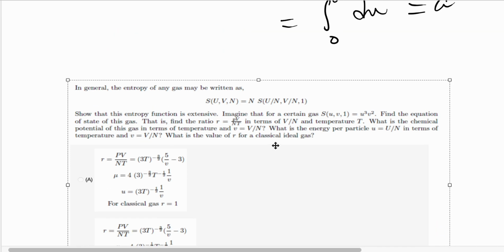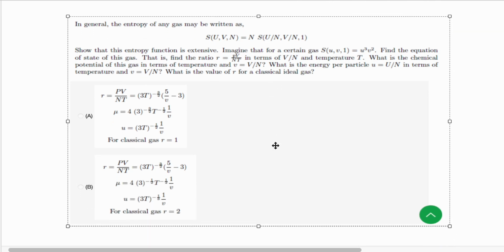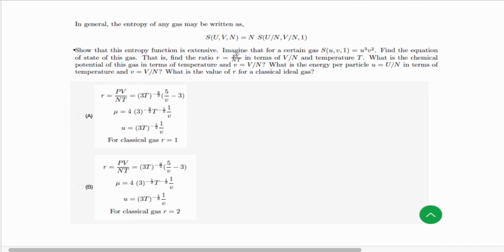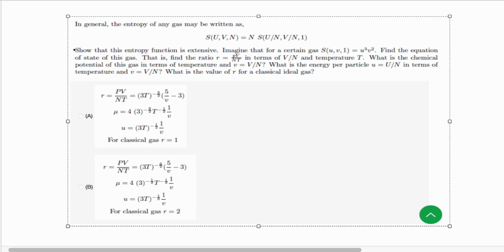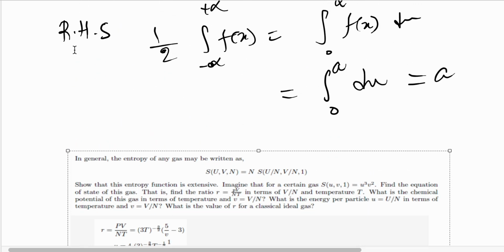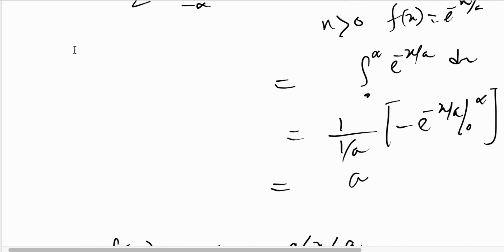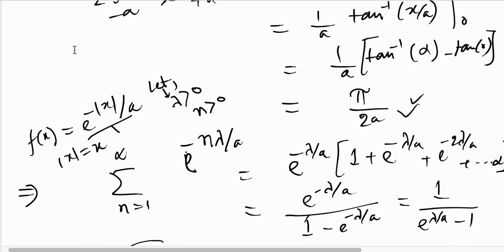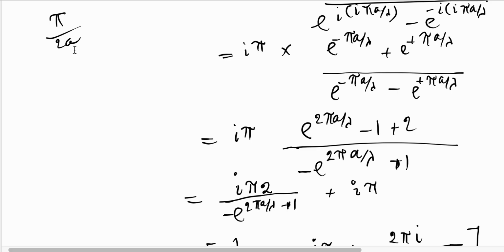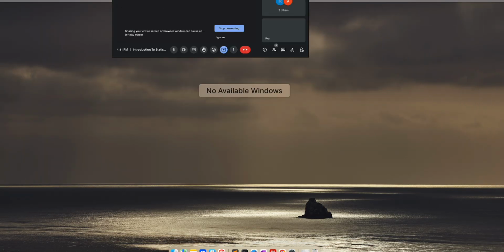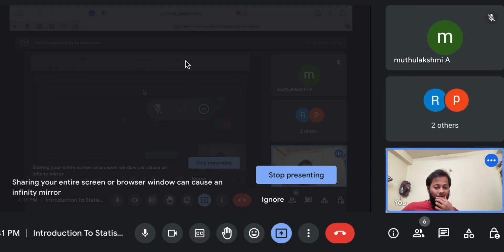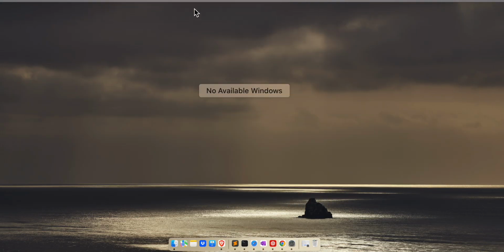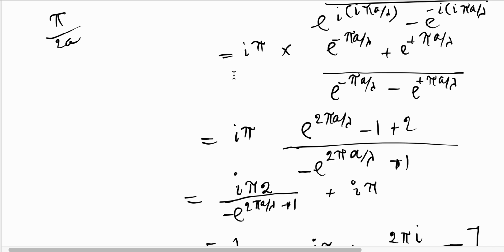Yes, this is question number 2. Does anyone have any question regarding these calculations? If there is no question regarding those calculations, then I will proceed further and do question number 2.